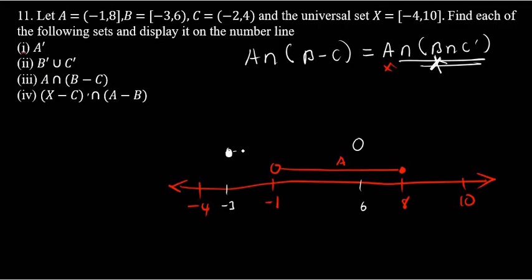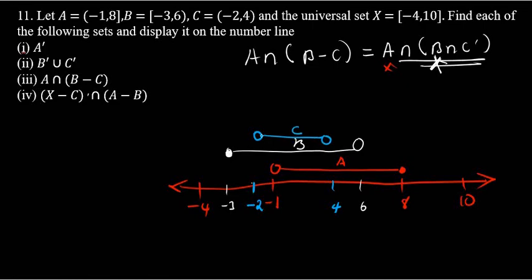So you put that. That is B. Now let's draw C. C, it's negative -2 and 4. So that is C. So C, -2 is not included, and 4 again is not included. Like that, right? That is C.